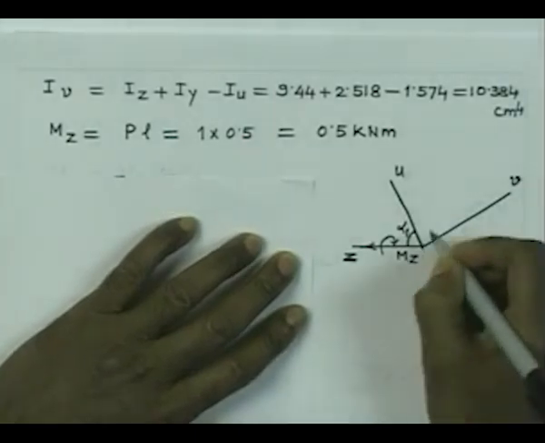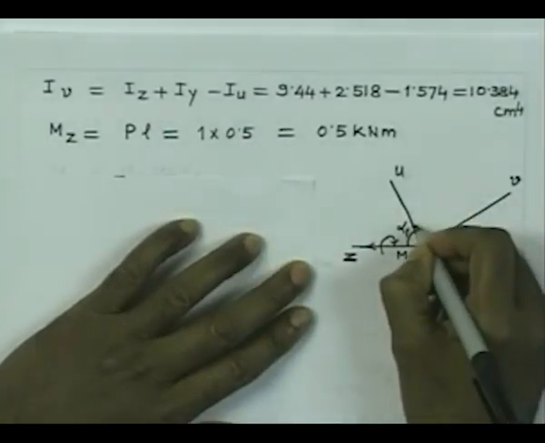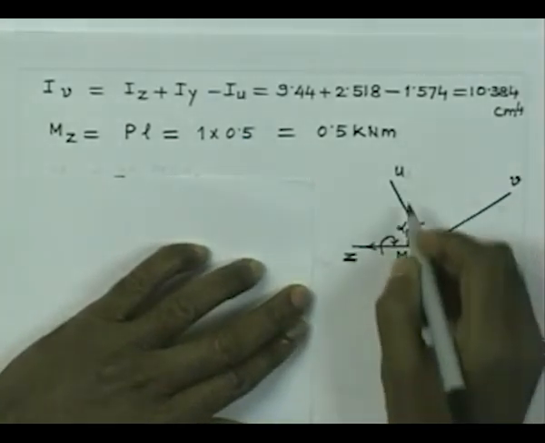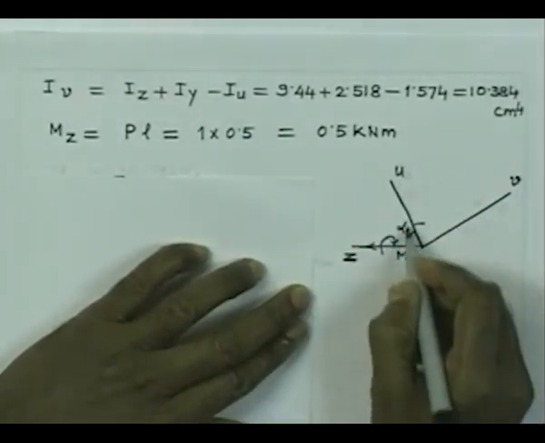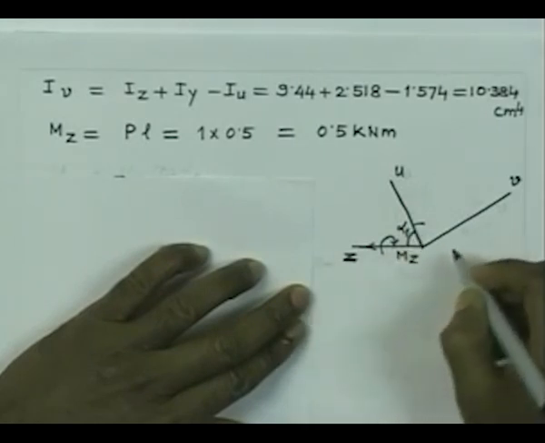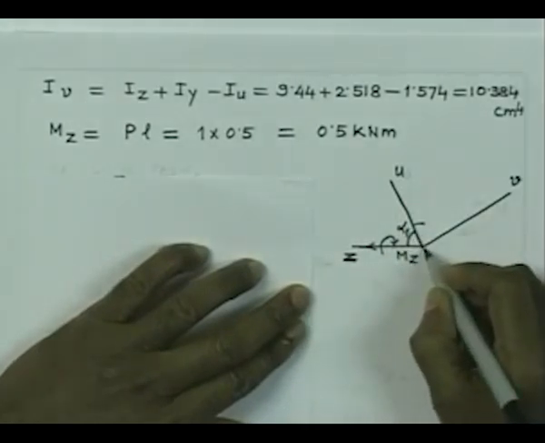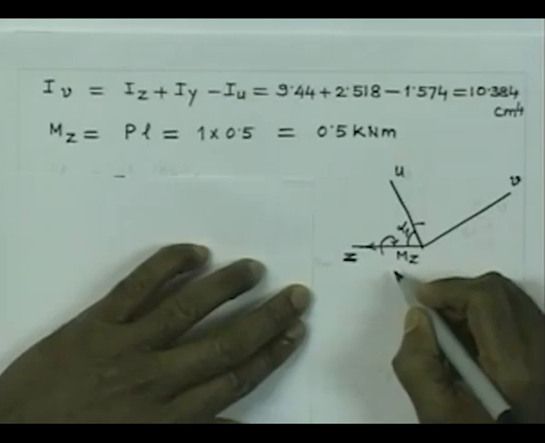So, now this angle is 90, this moment Mz I can write that Mu is going to be Mz into cosine alpha 1, and similarly Mv is going to be nothing but minus Mz sin alpha 1.